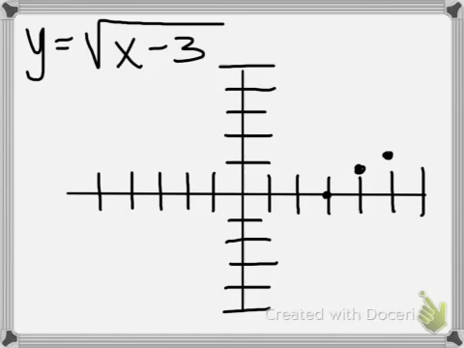And 6 would be closer to 2. And finally, 7 is 2. And with your plots drawn, you can now create a curve following the plotted points. And you should end up with a curve like this.